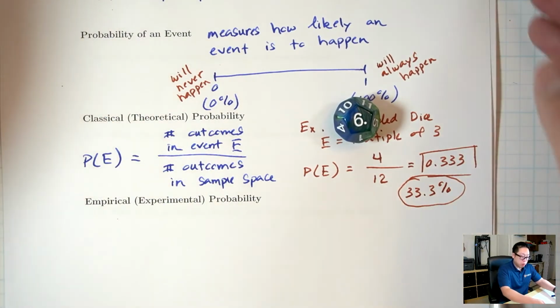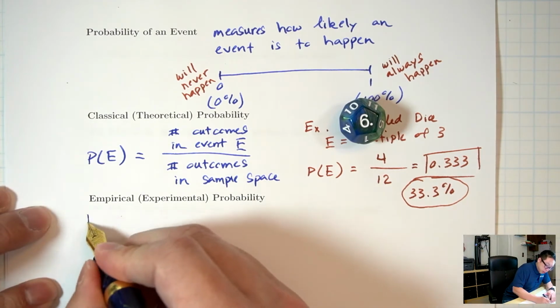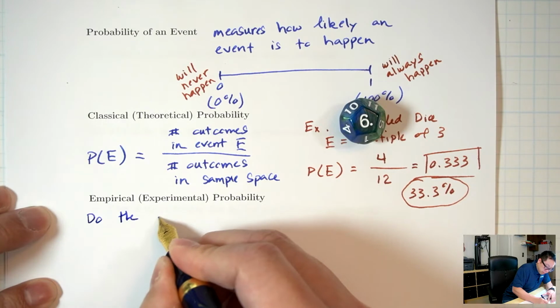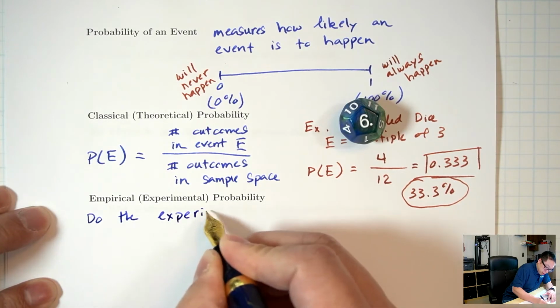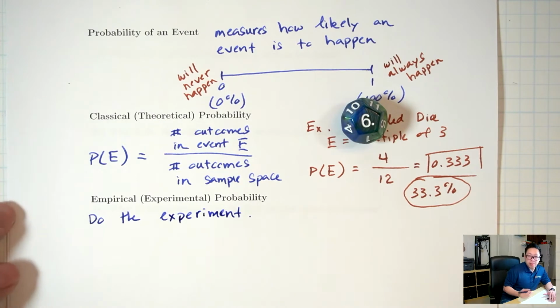The empirical approach, you actually do the experiment, right? So you do the experiment. And then you count the number of times that the event happened.